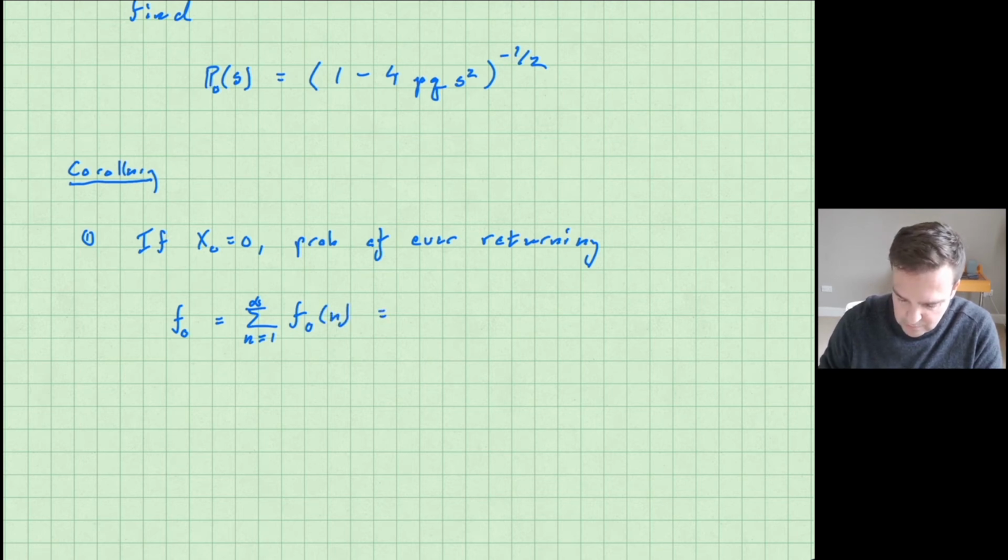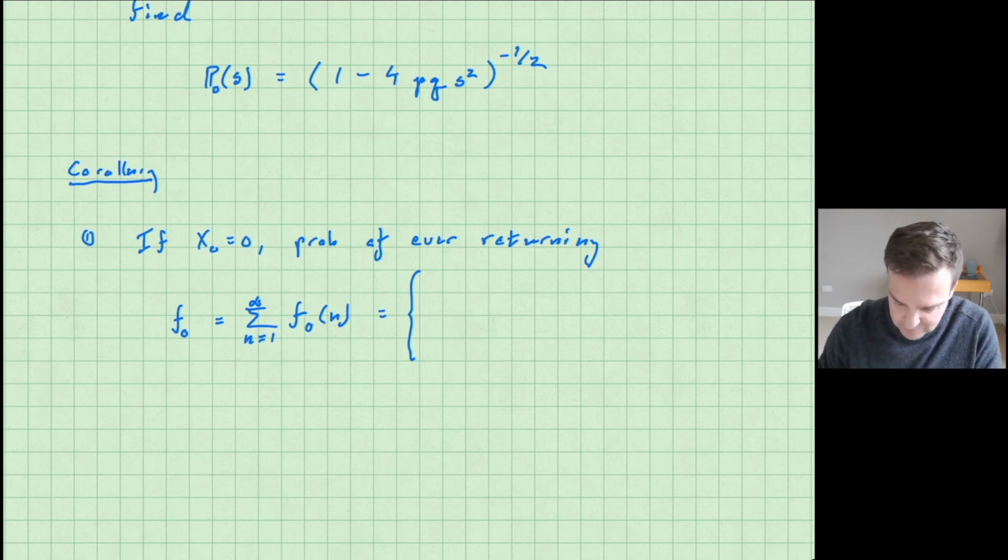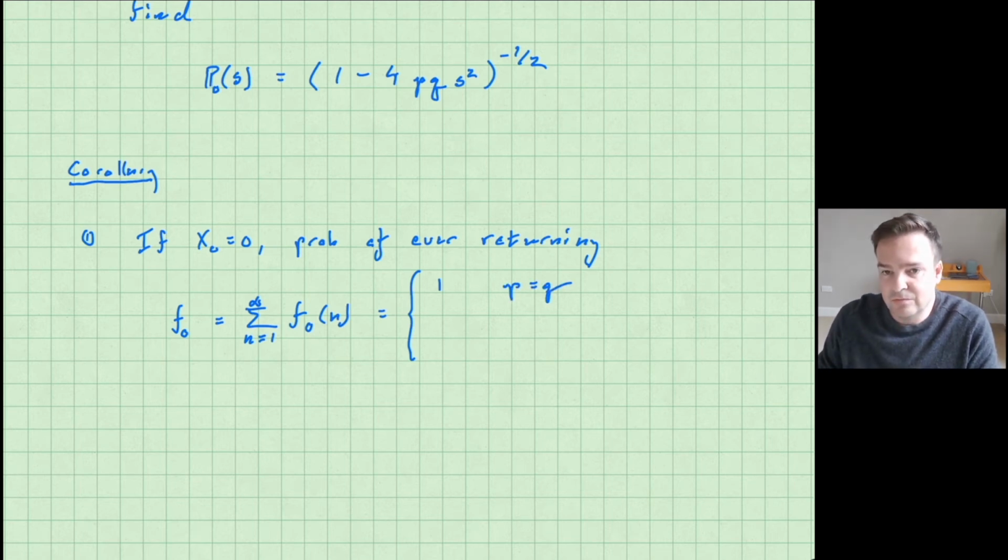Right? And the claim that we'll prove is that this has three possible results. It has to do with how P and Q are related. If P and Q are the same, in other words, if it's evenly matched, then this number is 1. If it's a fair game, or a random walk with equal chance of going left or right, or up or down, or whatever your one dimension is, then you will return to the state that you start from if you wait long enough.